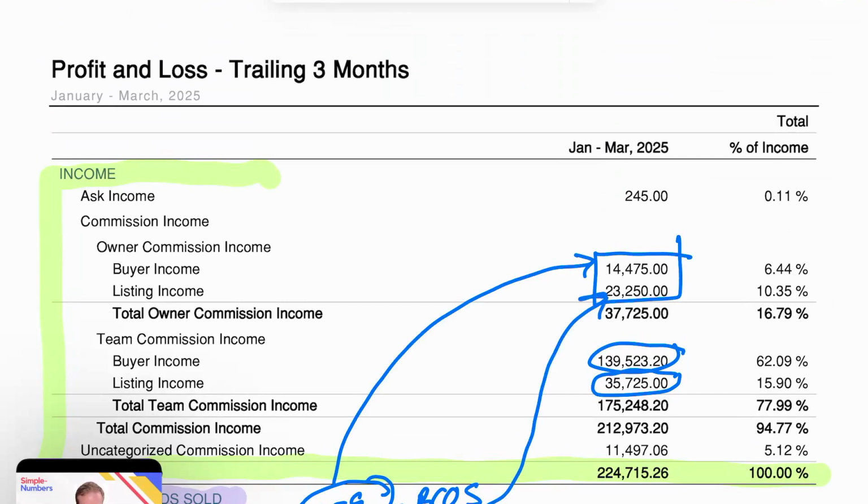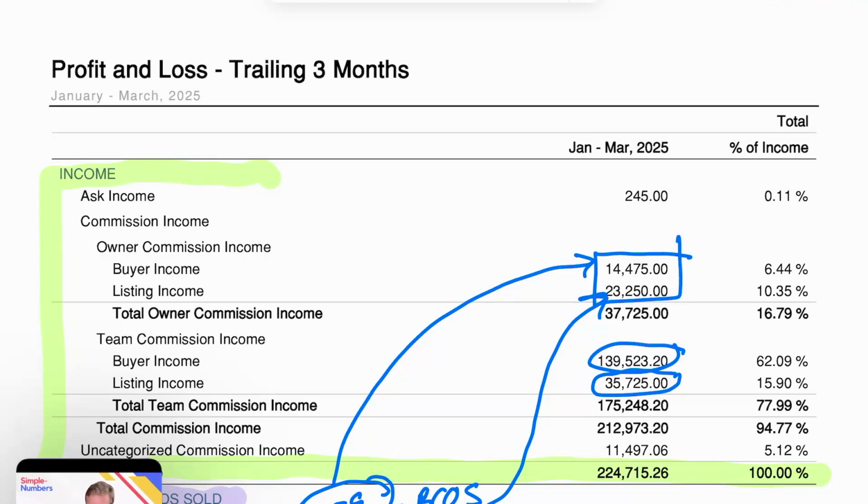What that allows us to do is see exactly how much we would have paid to an agent had they done these deals versus the owner. In other words, we're accounting for the cost of sale that's currently not there, because we didn't pay any cost of sale on these owner deals.